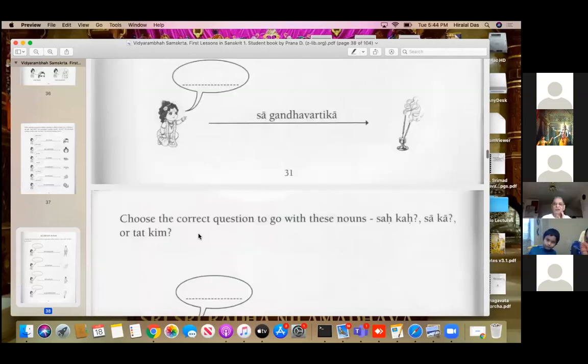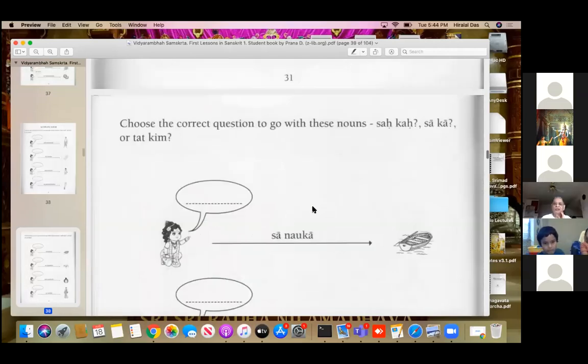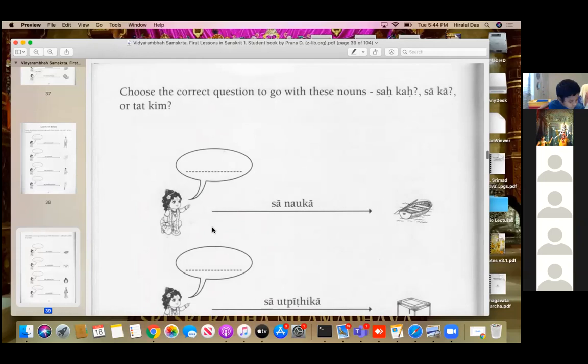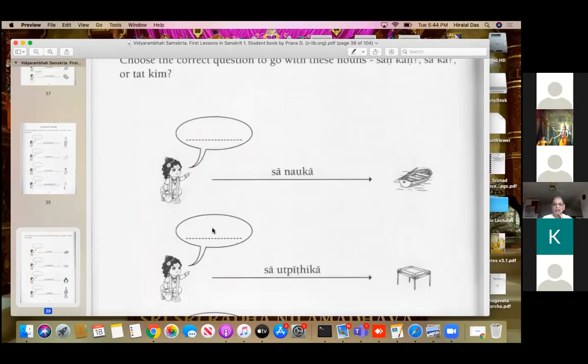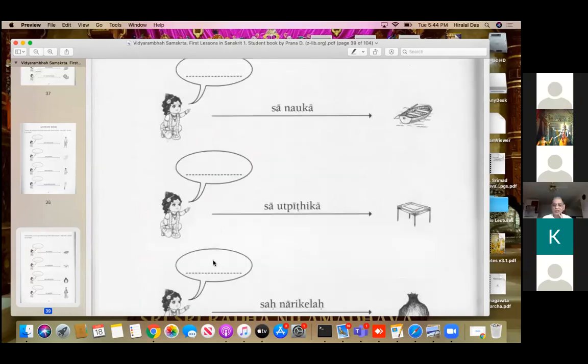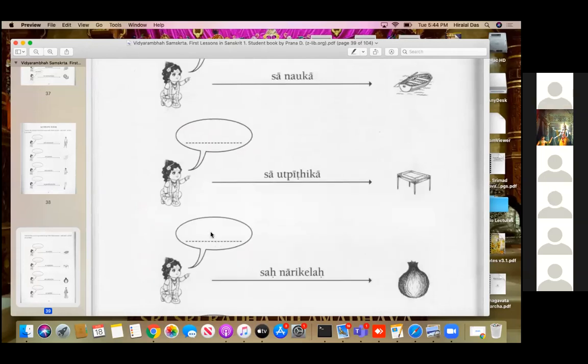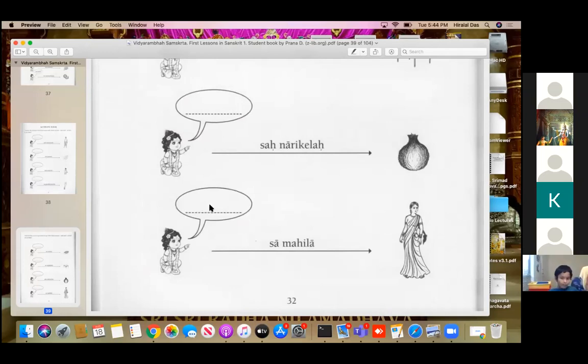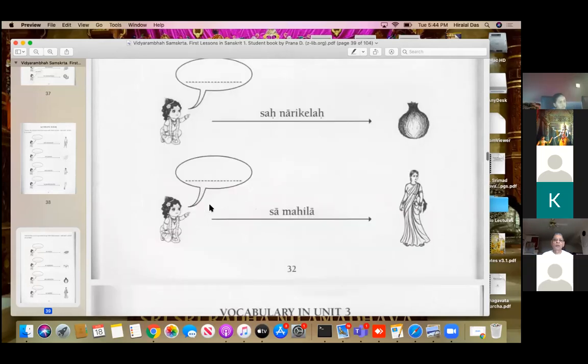Okay, very good. Now, here, choose the correct question to go with the noun. Saha kaha, saka. Okay, very good.